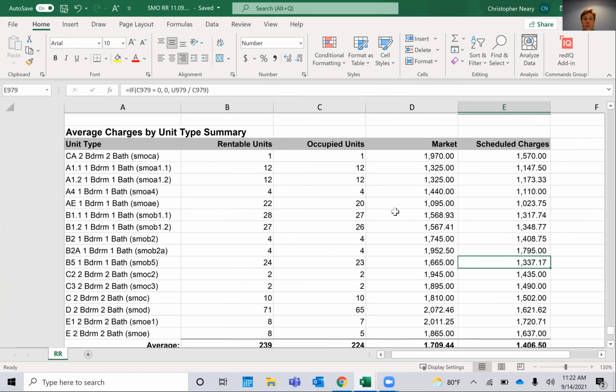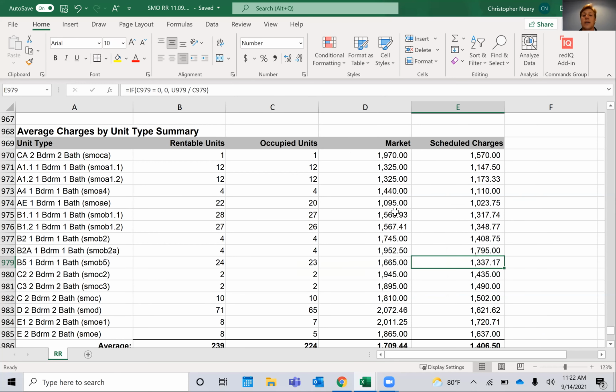And a lot of times you might have a large loss to lease because there may be a lot of other properties in the neighborhood that are going for a lot less rent. This may be a stabilization, meaning that it's a newer deal and they're just trying to lease up as many units as possible. And after that 12-month period, they may try to increase rents.